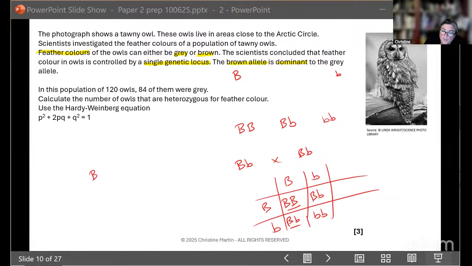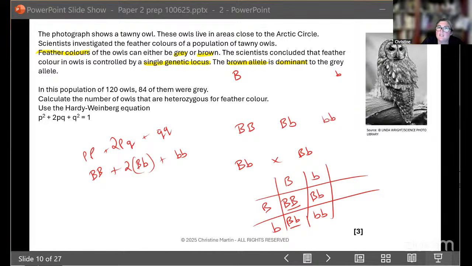I've got capital B, capital B, plus two lots of capital B, lowercase b, plus lowercase b, lowercase b. Well, Hardy-Weinberg is basically that, except instead of doing capital and lowercase, we've got P squared plus 2PQ plus Q squared. We've got two of them, and that's what Hardy-Weinberg's equation is.